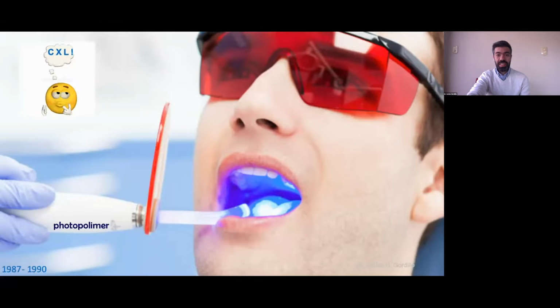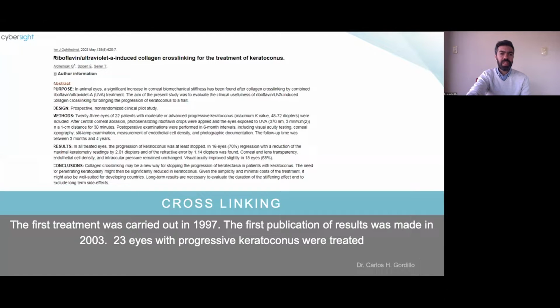They were doing a treatment at the dentist with a photopolymer to fix a tooth, and that's when he started thinking about the idea of performing cross-linking. So they started an investigation that was carried out in 1997, and the first publication with the result was made in 2003 with 23 eyes with progressive keratoconus that were treated, with safe and reproducible results.